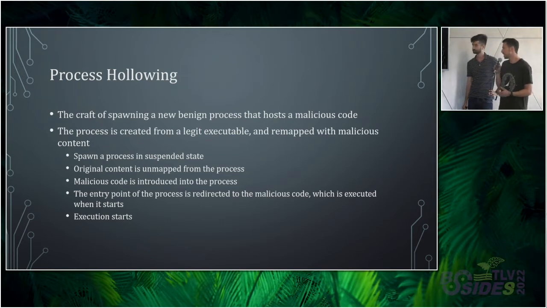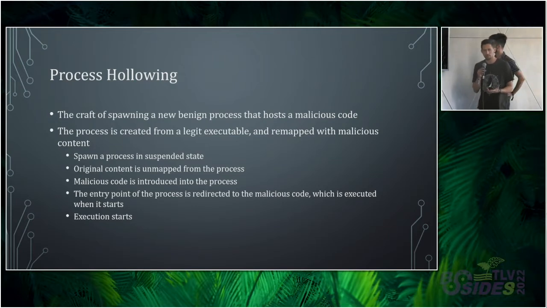Then after you remap the process, you take the initial thread and redirect it to the new entry point of the process. After you complete the redirection, you resume the initial thread and the process starts the execution, but it's running the malicious memory.